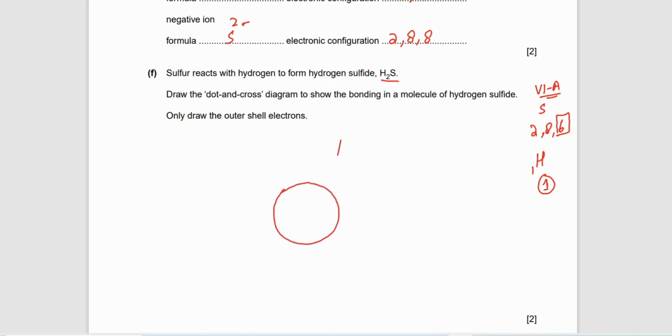You can see its electrons will be represented by the dot, 4 and 1, which is going to be shared with the hydrogen. Dot of sulfur and cross from the hydrogen. Okay, the electron of hydrogen is represented by a cross, and this is also a cross. Okay, sulfur, hydrogen, and hydrogen.